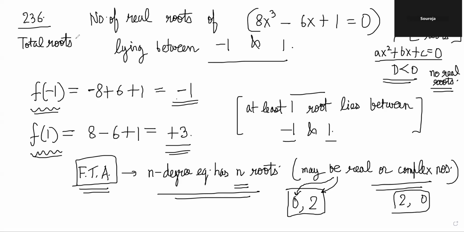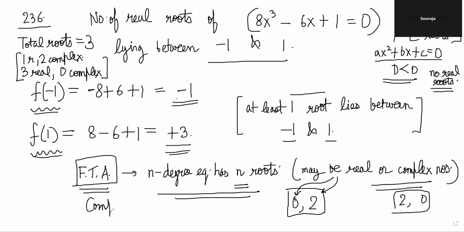Yeah. Total roots have to be 3. Now, it could be 1 real, 2 complex, or it could be 3 real and 0 complex. There is another idea here that complex roots always come in pairs.